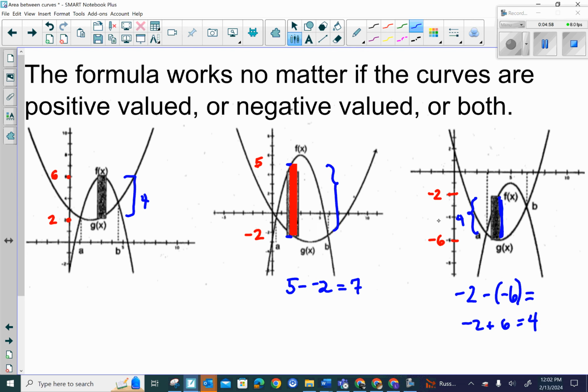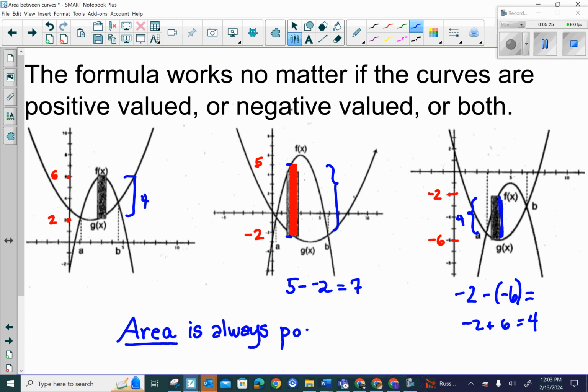It's a positive value. Now keep in mind we are finding the area bounded by these curves. We're not finding the integral values, which could be negative. We're actually finding area, and area is always positive.